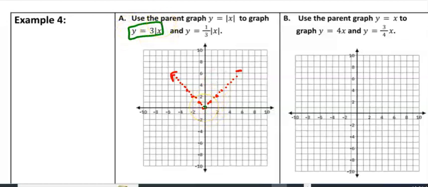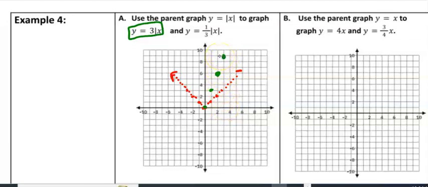I'm not moving it anywhere, am I? So instead of 1, 1, it's 1, 3. Instead of 2, 2, it's 2, 6. Instead of 3, 3, I'm going to go 3, 9.